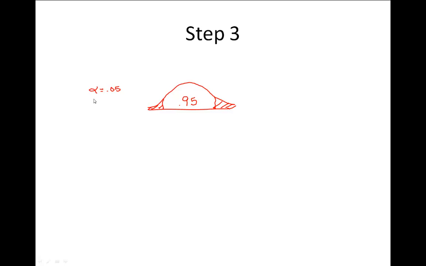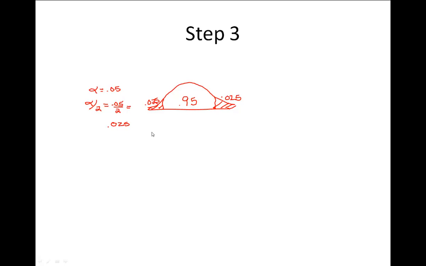And since the two tails are divided into two, 5% divided by 2 then leaves us 0.025. So that leaves us 0.025 in the left tail and 0.025 in the right tail.